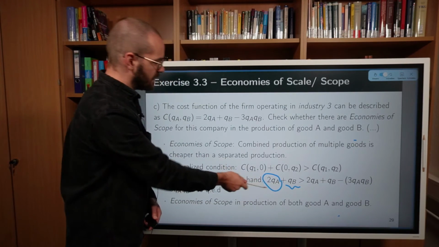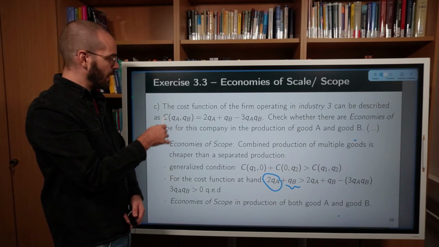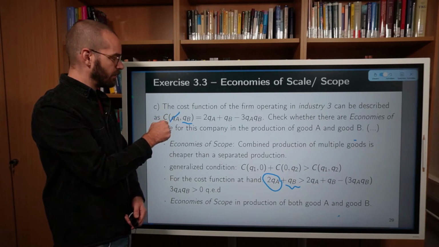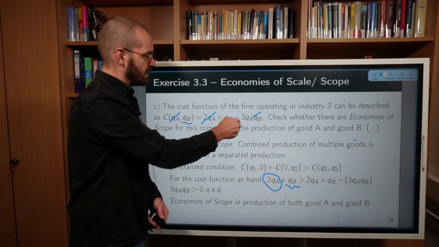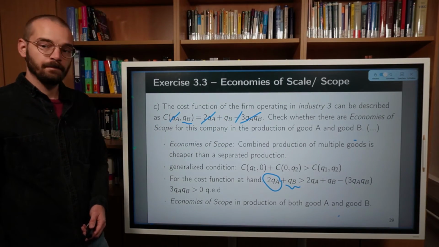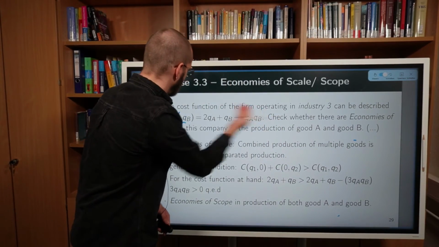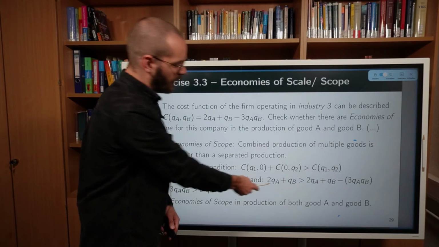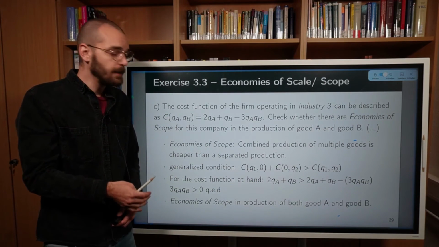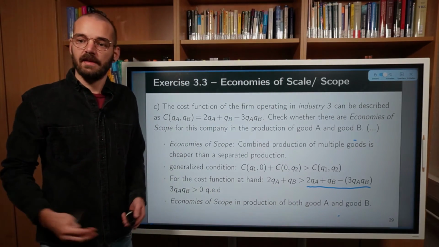So QB is simply the result of assuming that a firm hypothetically produces some amount of QB but 0 of QA, which then again results in cancelling out this part of the cost function. Okay, so we are now comparing these two hypothetical cases where the firm produces only one good at a time with the situation where the firm can produce both goods at the same time.